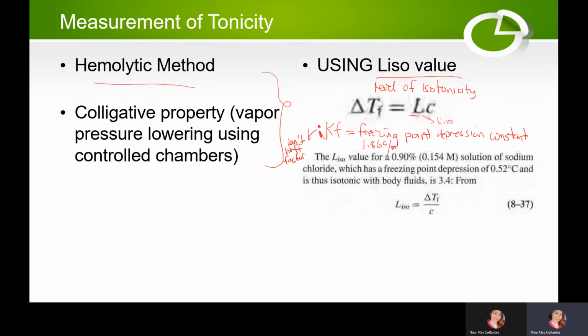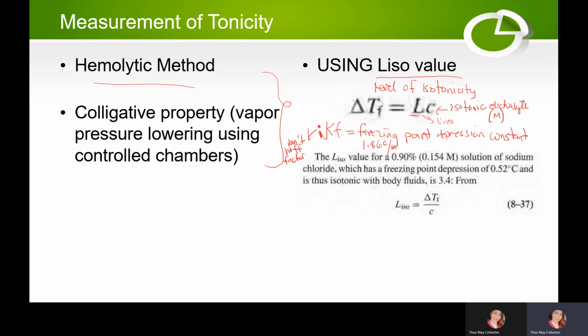So what is the purpose of the LISO that we are discussing? If you do have the LISO value, the level of isotonicity of a certain electrolyte and its concentration, okay, the isotonic concentration of that certain electrolyte means that a certain electrolyte has a certain concentration to become isotonic with our body, right? So LISO is isotonic electrolyte concentration, and actually it is molarity that we use. We used molality before with freezing point.